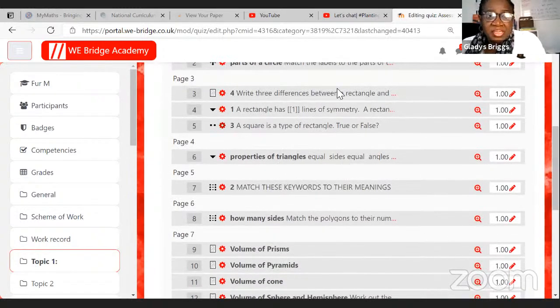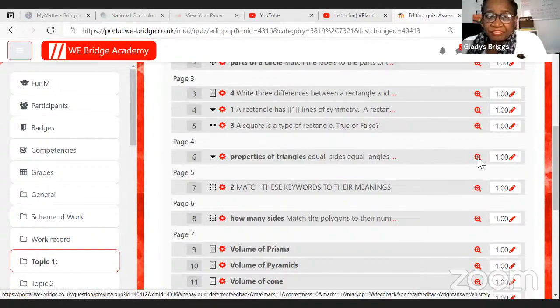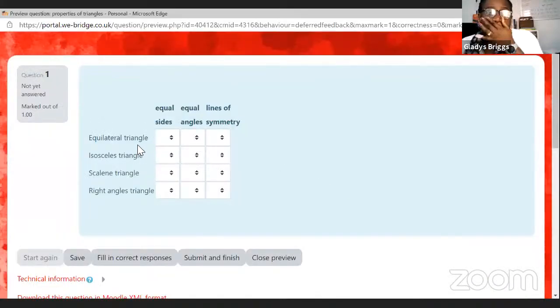Question 6. This one is about triangles.